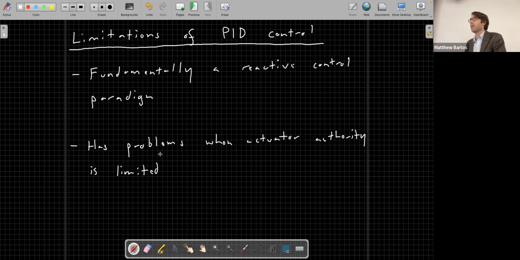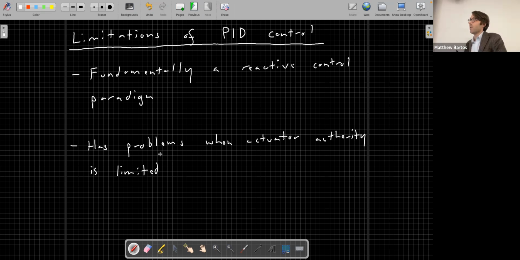For a problem like reservoir control, what you really need is a prediction of how the system is going to behave, because you can only let out so much water at a time, right? If you base your control just on the current state of the system, you may end up with a situation where a large flood wave comes in and you aren't able to let out enough water to prevent it from flooding.